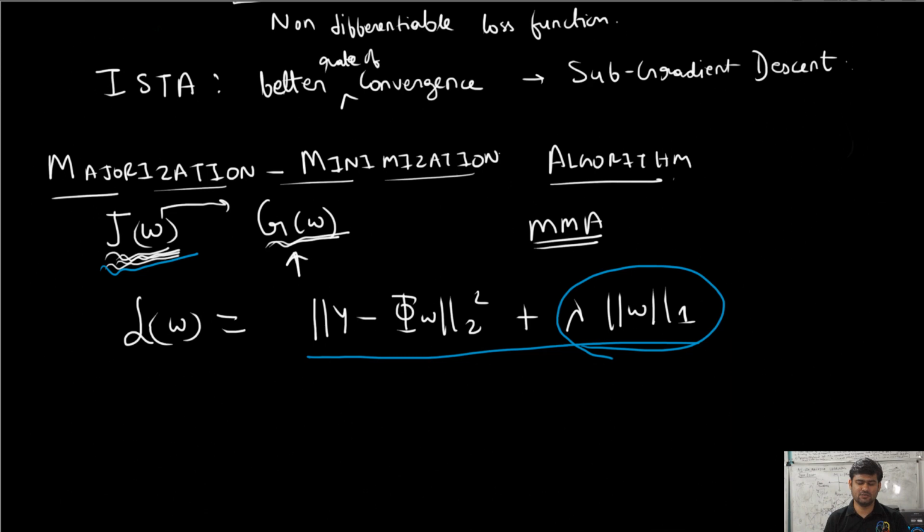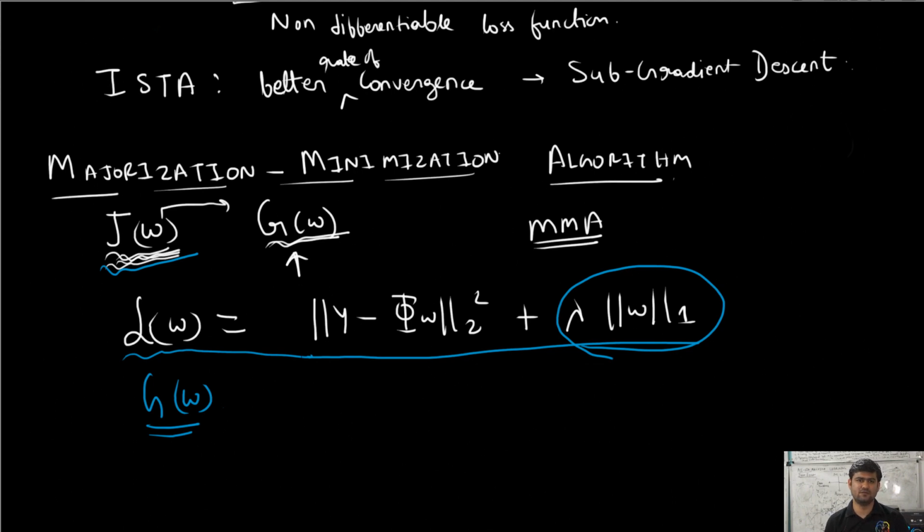So using the majorization minimization algorithm, we can replace this objective function with another loss function, g of w, and this g of w has to have some properties. We'll discuss what those properties are, but it needs to have two important properties, which we'll discuss in the next part of the lecture.